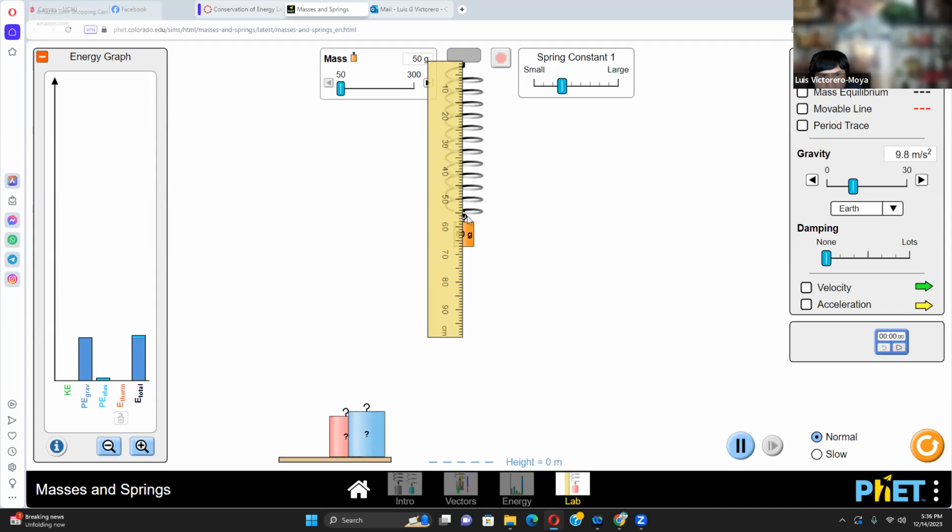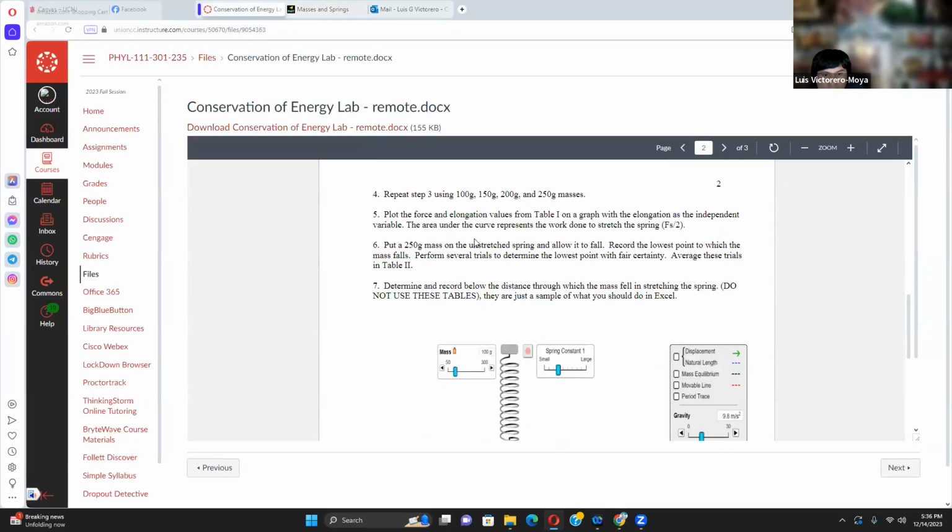Here the reading is about 56 centimeters. So 56, 55. So 56 or 55. You subtract that value with 48. And that will give you the elongation that you need to write in the table.